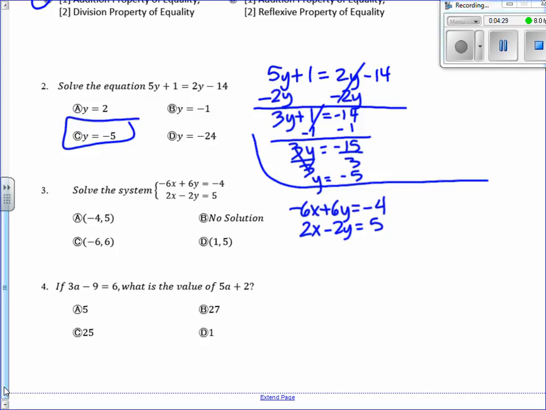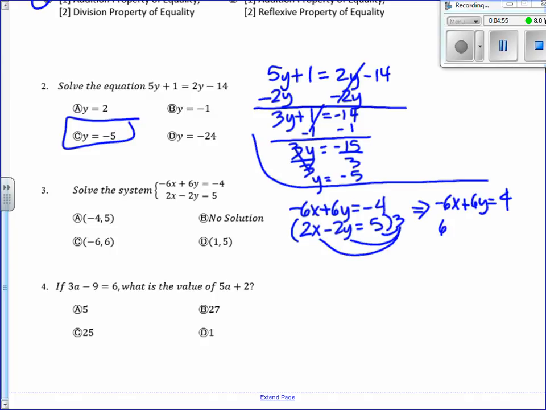So I'm looking at my x's and y's, and it really doesn't matter which one you eliminate. It's the same work either way. So I'm going to multiply the second equation by 3. And so now the first equation remains the same. The second equation, everything in here gets multiplied by 3.